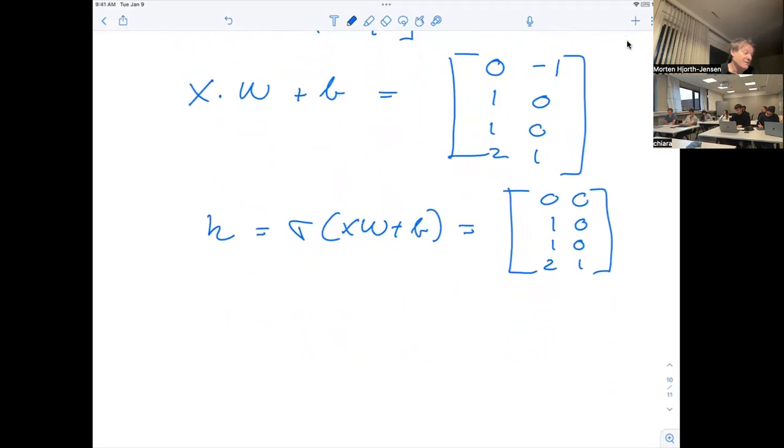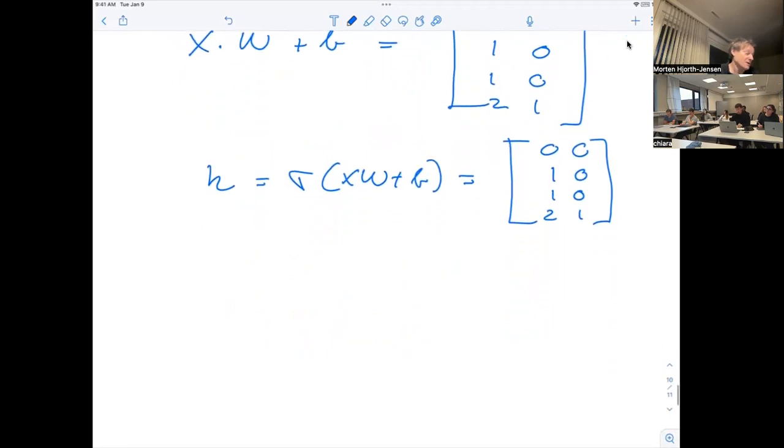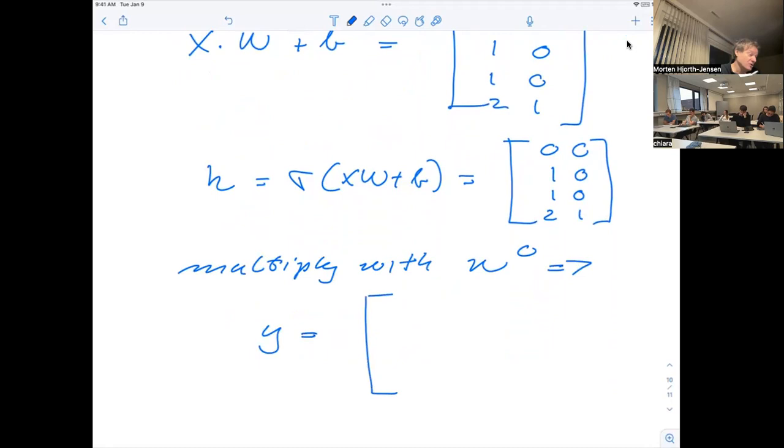And then my next step is to simply multiply this with the weights for the output layer. What I'm getting then is an output. And if I use the same activation function, I get an output which is 0, 1, 1, 0.